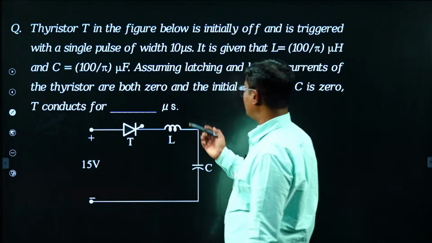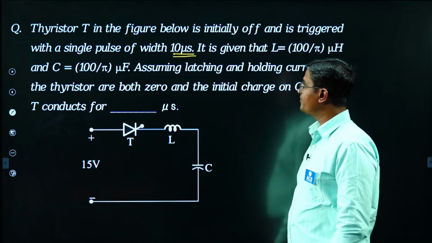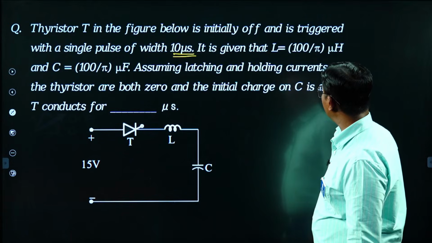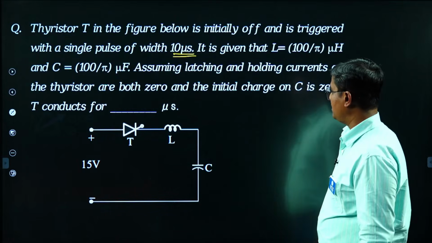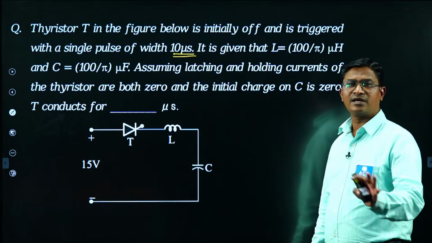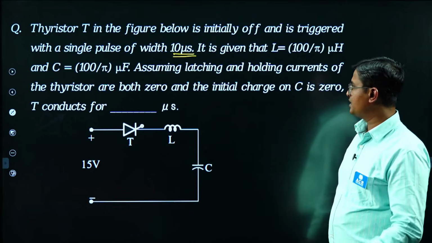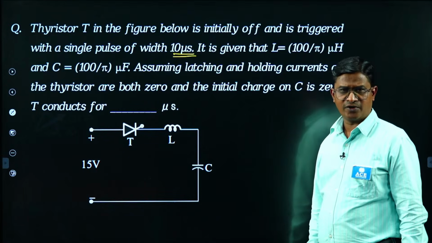So the thyristor is triggered with a gate pulse of width 10 microsecond, TP given. It is given that L equal to 100 by pi microhenry and C is 100 by pi microfarad. Assuming latching and holding currents of the thyristor are both 0, and the initial charge on the capacitor is 0, then the thyristor conducts for.